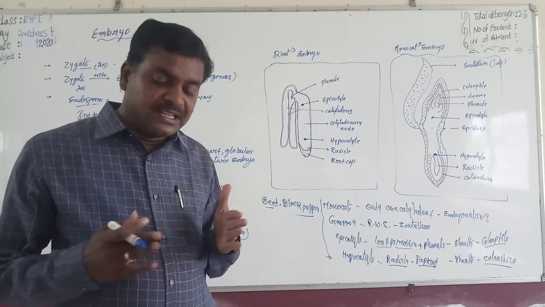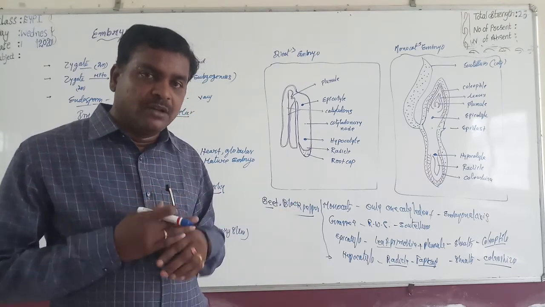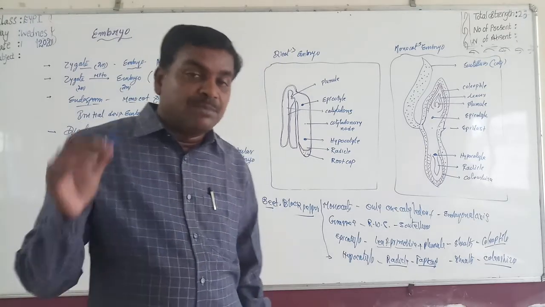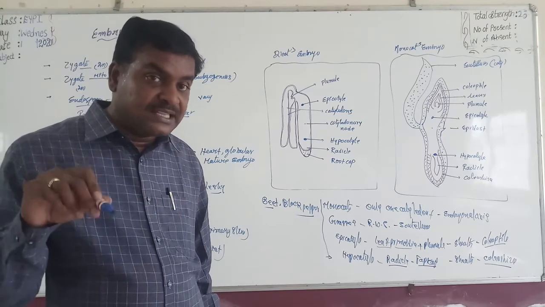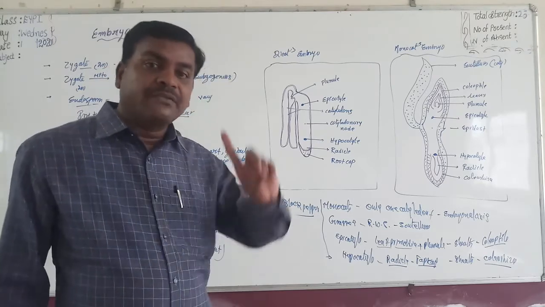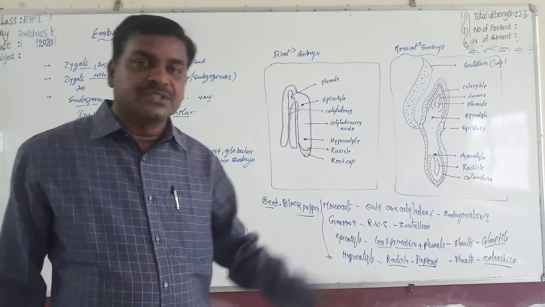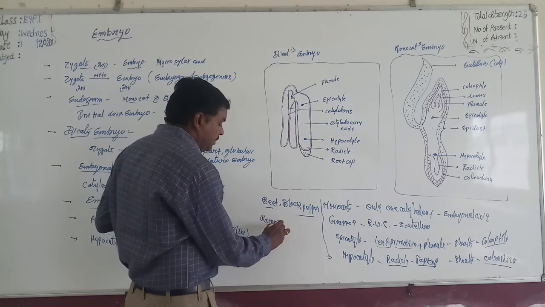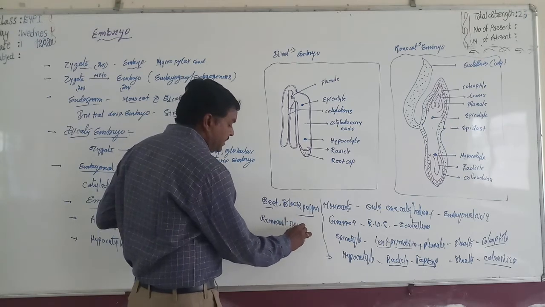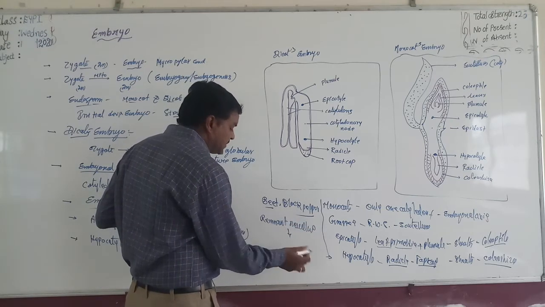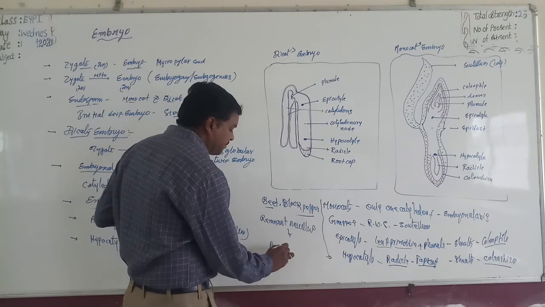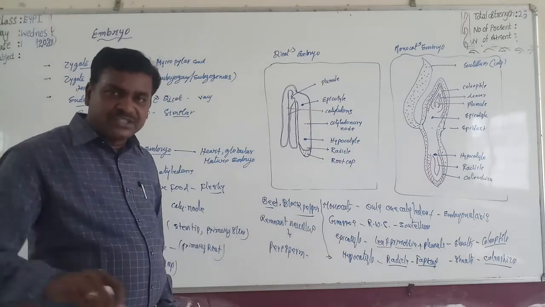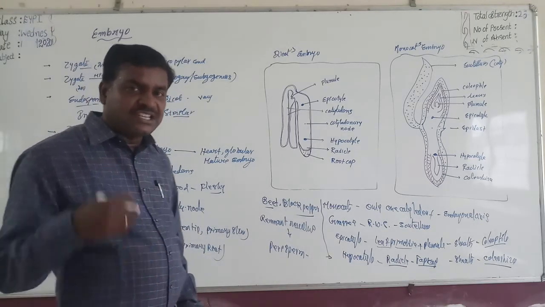As the embryo sac increases in volume inside the ovule, nucellus completely disappears. But some amount of nucellus is left inside the seed even after the development of the embryo sac is complete. Such a remnant nucellus present in the seed is called perisperm. Perisperm is nothing but nucellus, but it is present inside the seed.